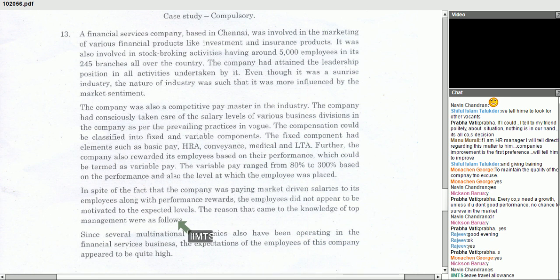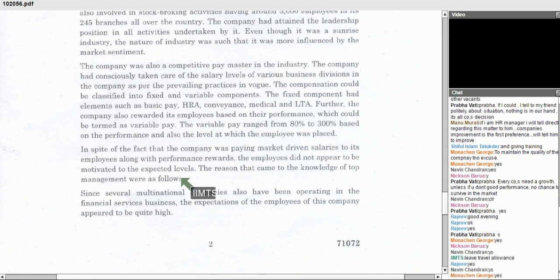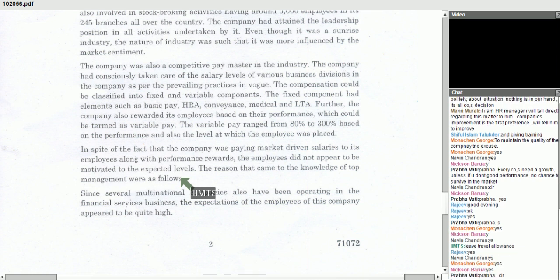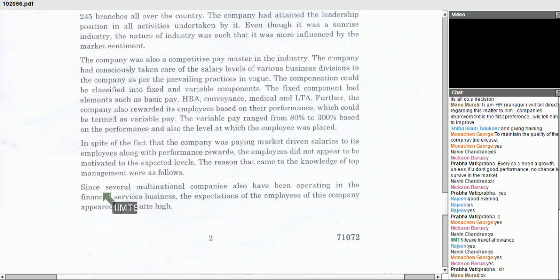Now see, what were the reasons for the low performance? So till now, is everything clear? Any doubts? Okay, good. Now see, what are the reasons for low performance?